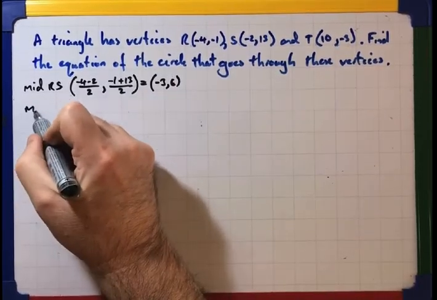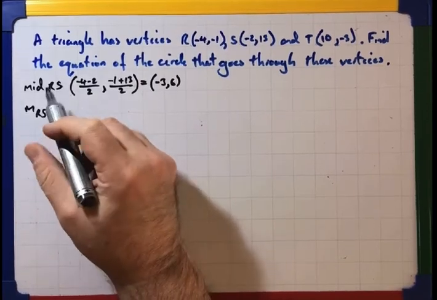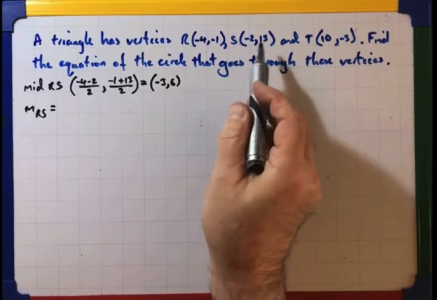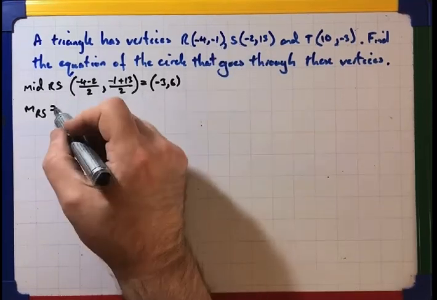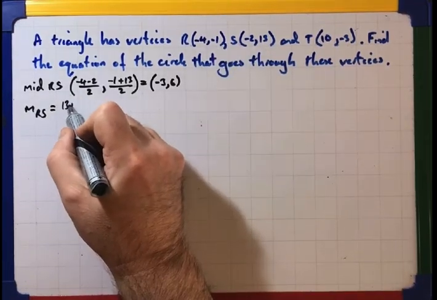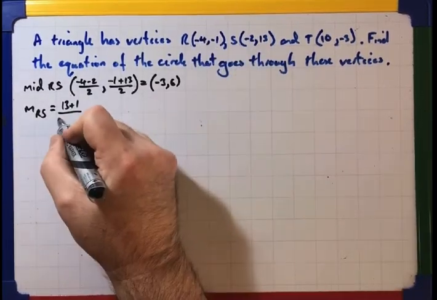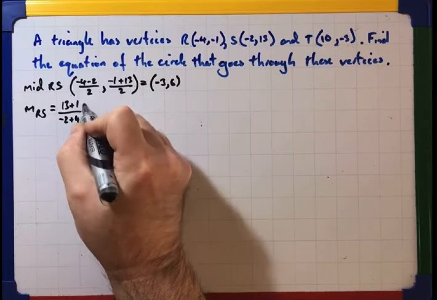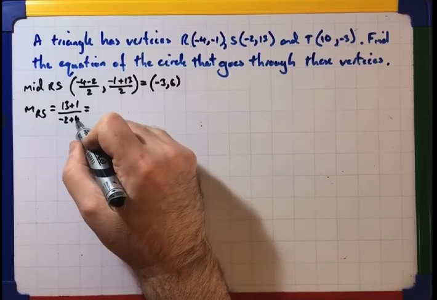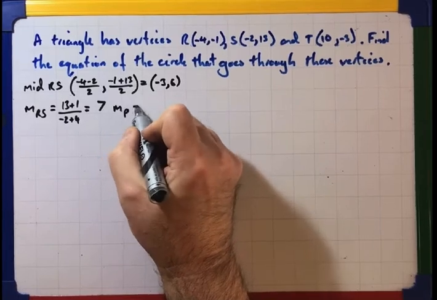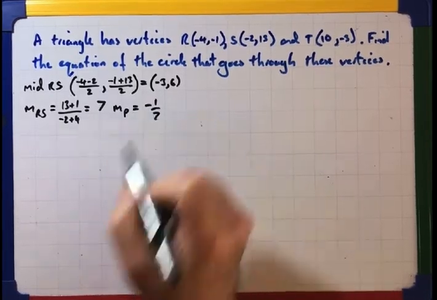Then the gradient of RS, if we're working out the gradient, it's going to be 13 plus 1 over minus 2 plus 4, which gives me 14 over 2, which is 7. So the perpendicular is just minus 1/7.